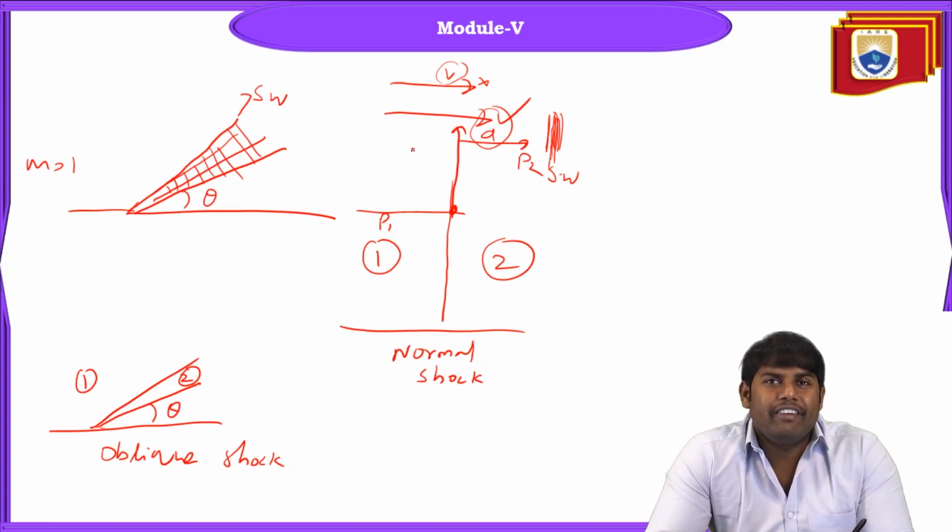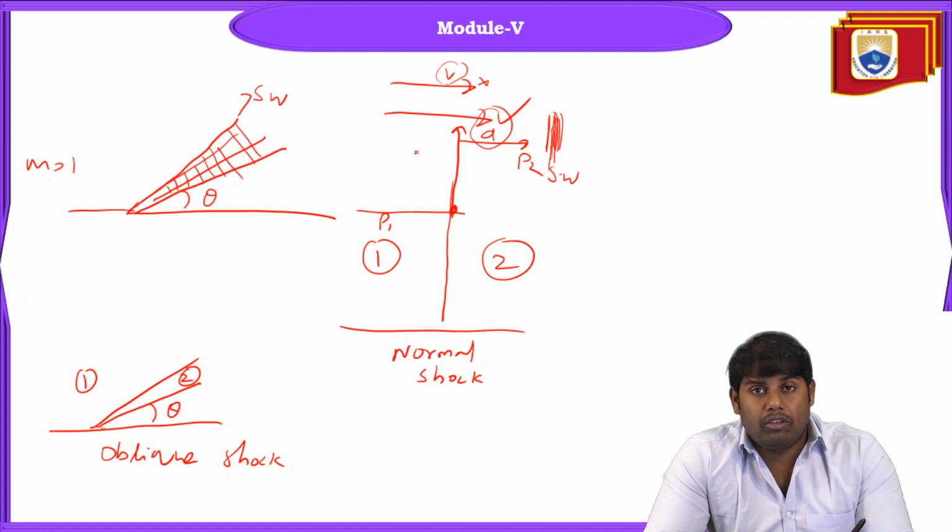It is of very negligible thickness. It does not have a large amount of thickness. Whatever we have, it is very thin. We cannot even see the shock with our naked eyes. We need some flow visualization technique like Schlieren or shadowgraph to see the shock actually.